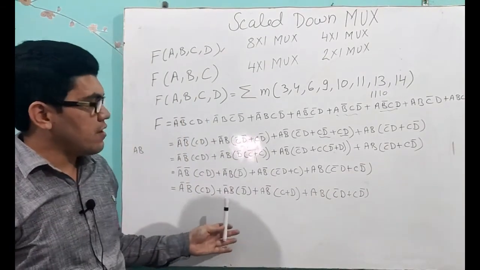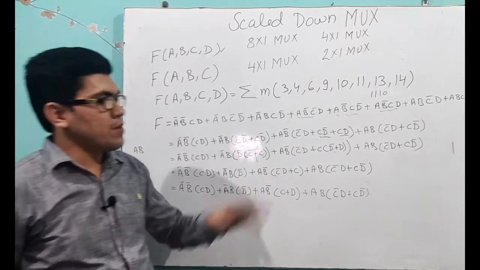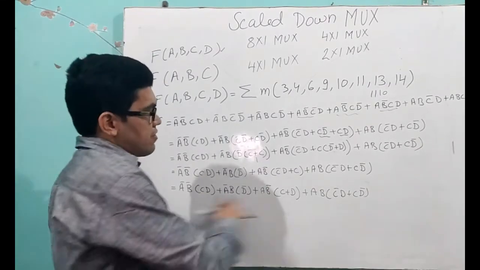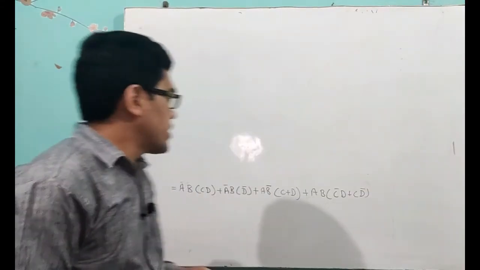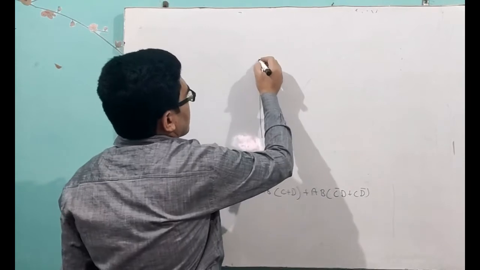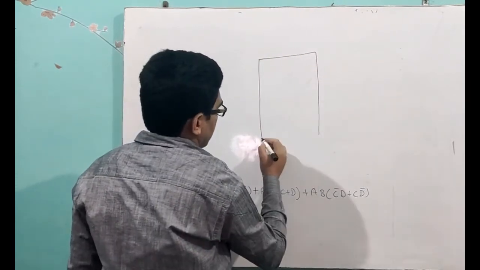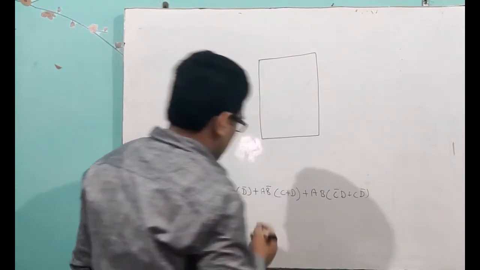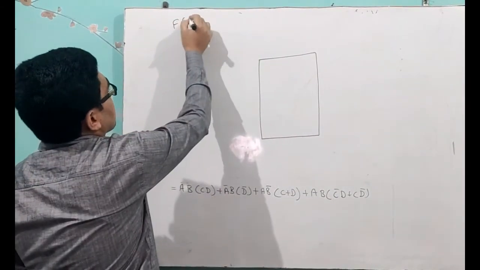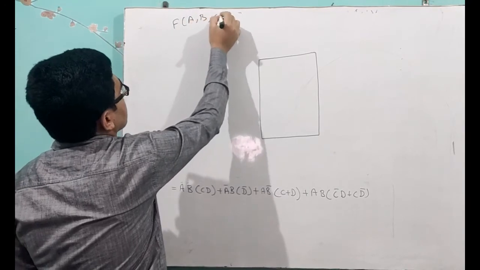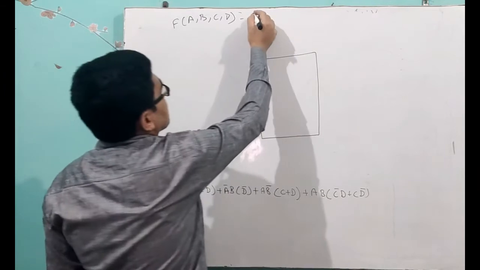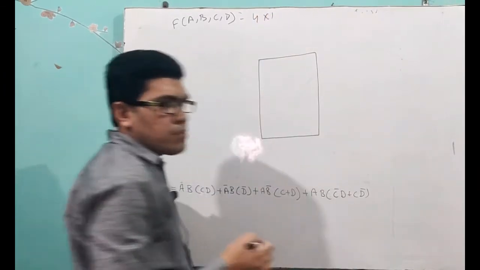Now we have to implement it using a multiplexer. I am making a multiplexer and I will implement this. So let's create a multiplexer. We have the 4 variable function A, B, C and D. For a scale down multiplexer, it will be a 4 into 1 multiplexer.